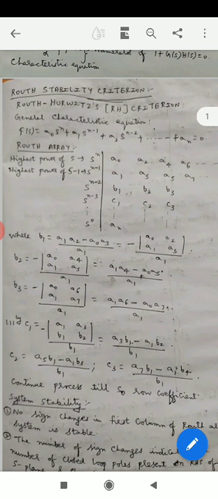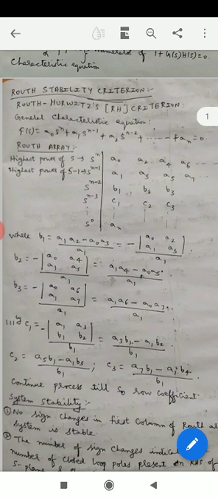The negative of this determinant is the secondary diagonal product minus the primary diagonal product: a1 into a4 minus a0 into a5, divided by a1.